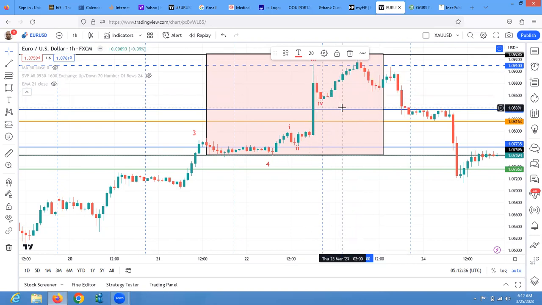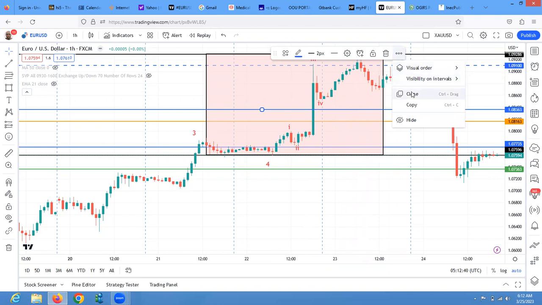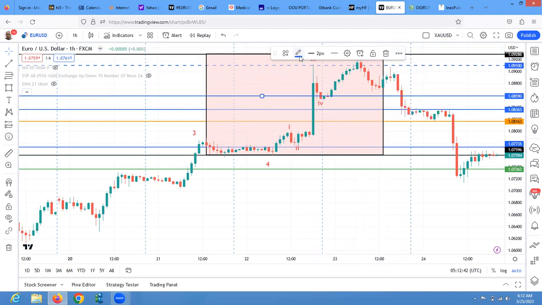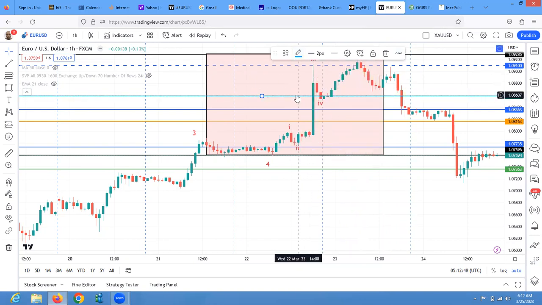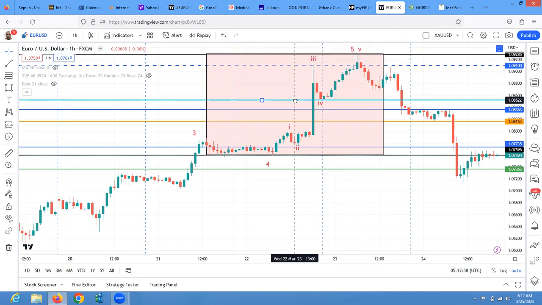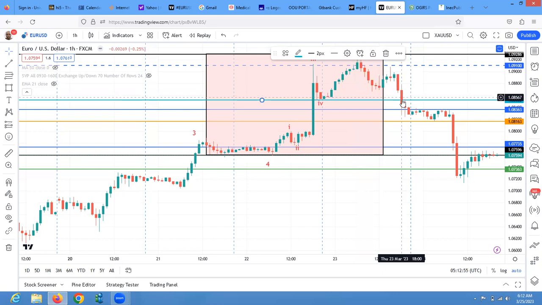So the structure that is taken out here is this one on this time frame, if you had counted correctly. This is the structure that is taken out. It was taken out by this.